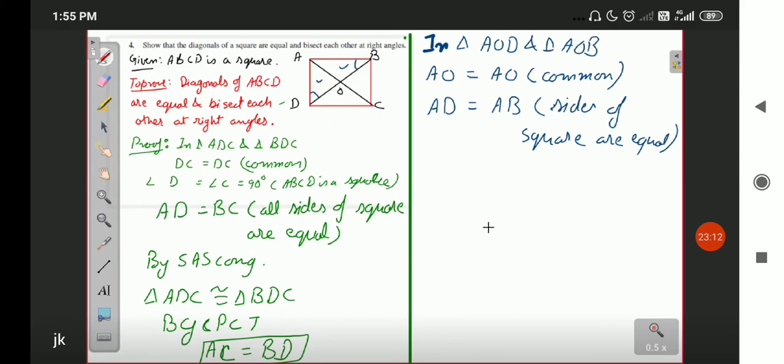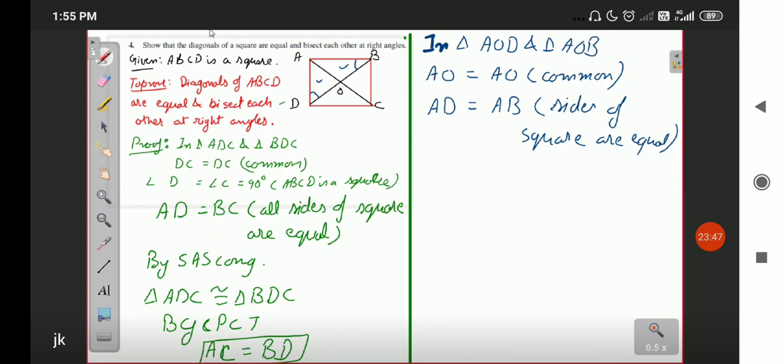See, let me draw the figure. This is triangle ADB. Okay, this is AO, but we are not considering AO right now. This is triangle ADB, and AD and AB are equal. How so? Why are these both equal? Because these are adjacent sides of the square. We have already learned with the isosceles triangle that for an isosceles triangle, angles opposite to equal sides are also equal. That means these two angles should also be equal.